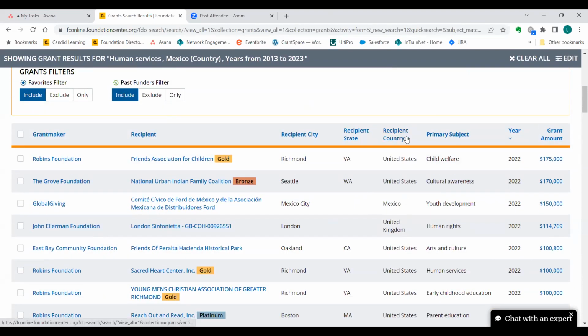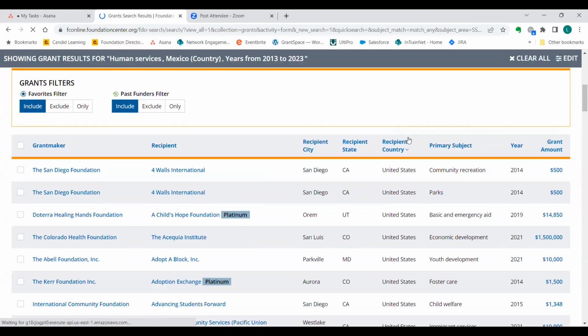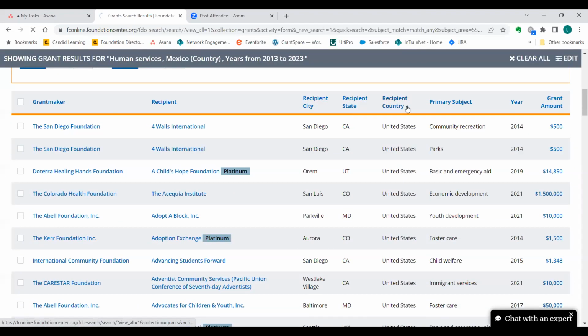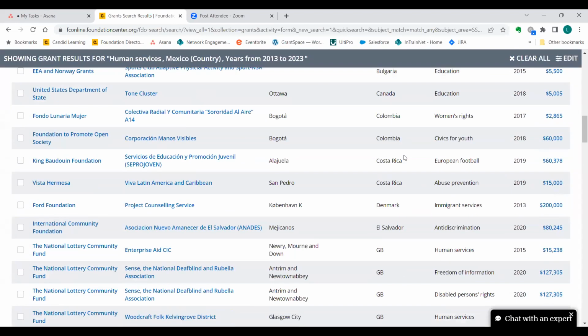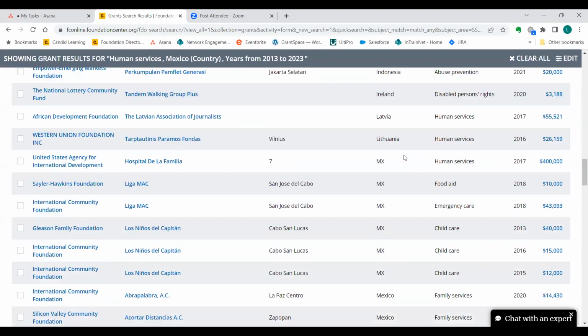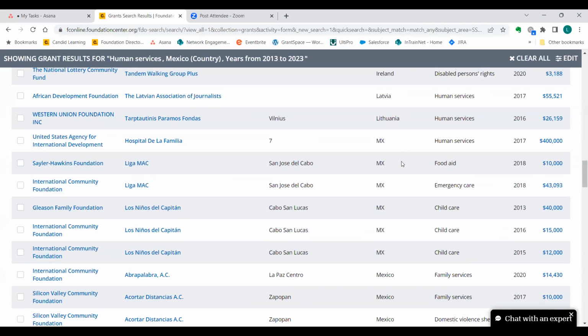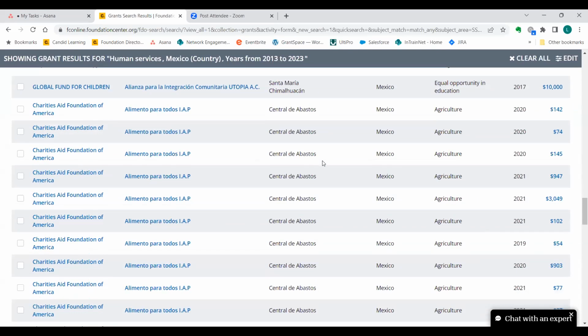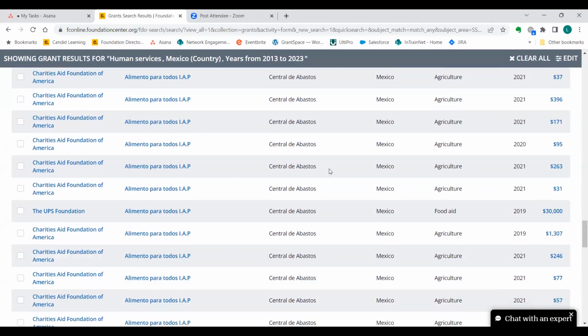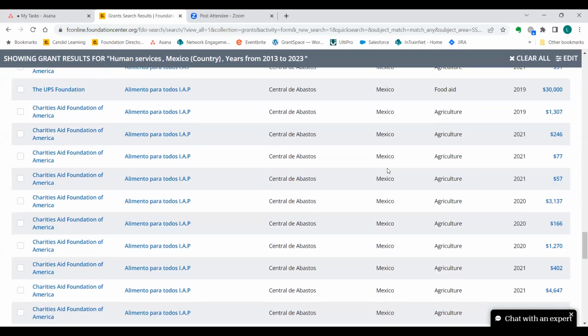What you can do, if you see the recipient country, this little arrow here will help you sort the results. So if you click on that, and then we're going to click again. So it's starting from the A's, and then you can go down and find where the Mexico organizations start. So these are all organizations in Mexico that have received funding from different places.